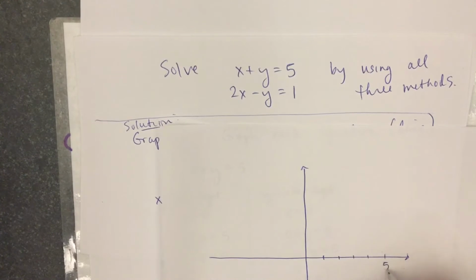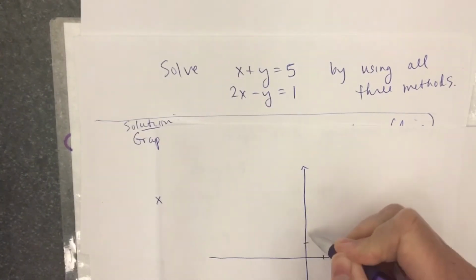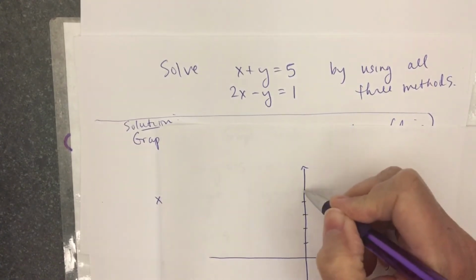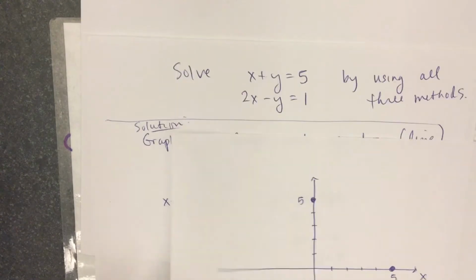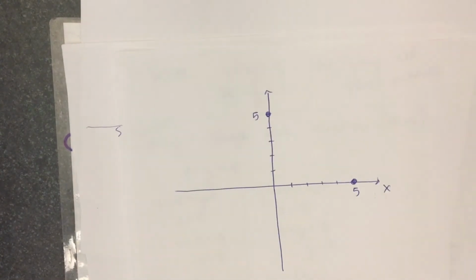I need 5 on the x-axis, 5, 0, 5 on the y-axis, 0, 5. And then take your straight edge and connect the dots. It's going to be a straight line.